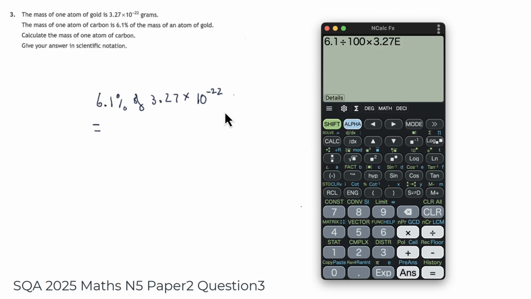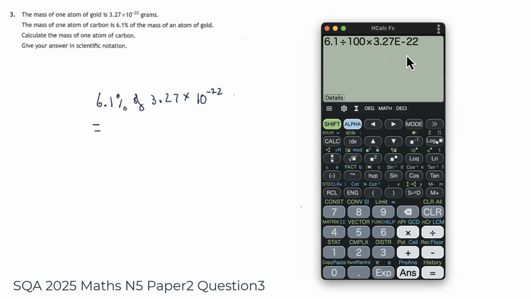Now watch out for this. Negative is not the same as subtracting. That's my negative key here. You'll need to find out in your calculator whether you have a key similar to that. That's my negative button. So I would press that and then 22.